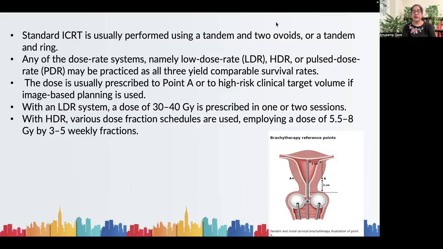The dose is usually prescribed to point A or to the high-risk clinical target volume if image-based planning is used. With the low dose rate system, a dose of 30 to 40 grays is prescribed in 1 or 2 sessions. With the high dose rate system, various dose fraction schedules are used, employing a dose of 5.5 to 8 grays in 3 to 5 weekly fractions.